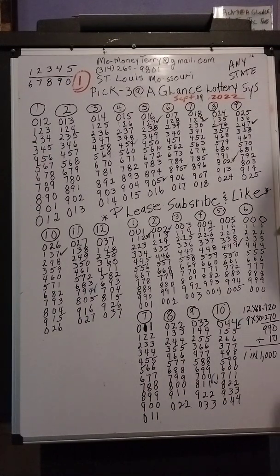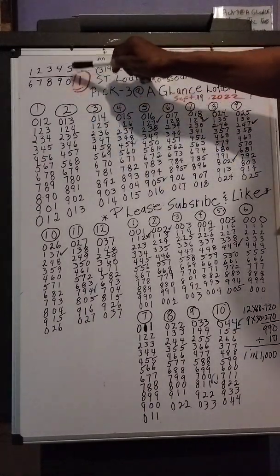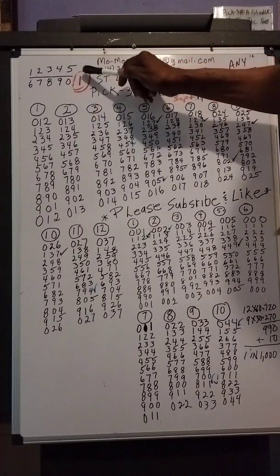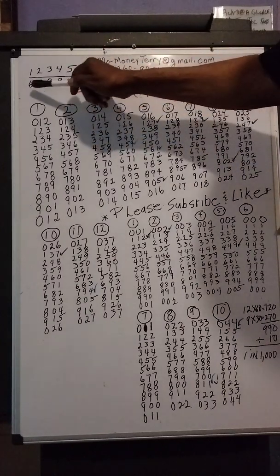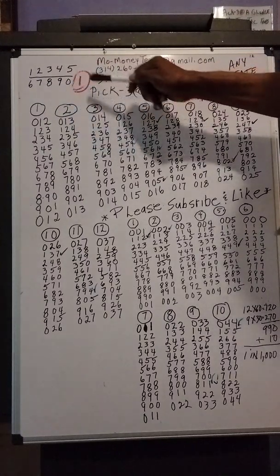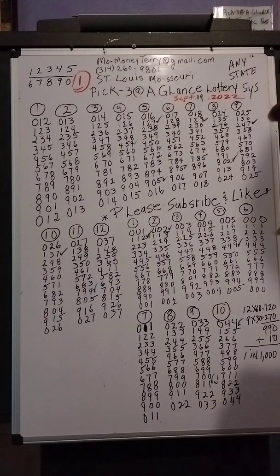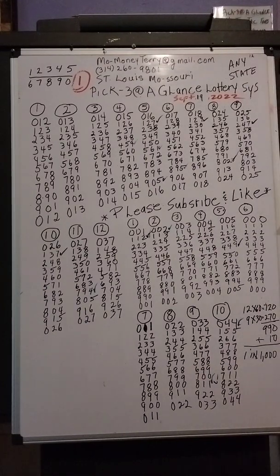Because on this number line, you got 1, 2, 3, 4 on top, which is your top numbers, and 6, 7, 8, 9, 0 is your bottom numbers. If you take the mirror numbers, from 000 to 499 is your top numbers, and from 500 to 999 is your bottom numbers. All right.